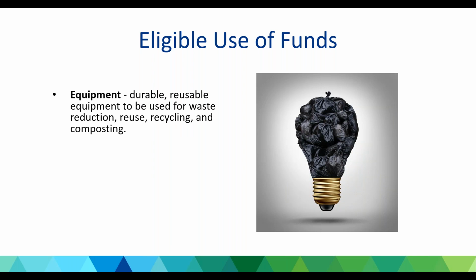This could include reusable containers for recycling, signage, and processing equipment. Equipment descriptions and their intended uses and pricing must be provided with the application. So we're looking for quotes for you to provide as your supporting documentation. If you're awarded, the equipment purchased with grant dollars must be maintained for at least 3 years.